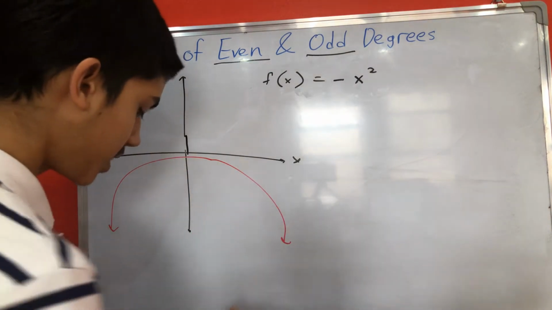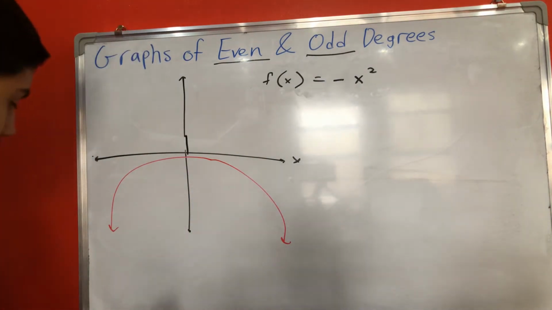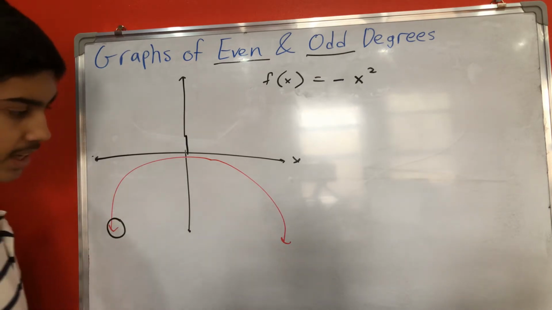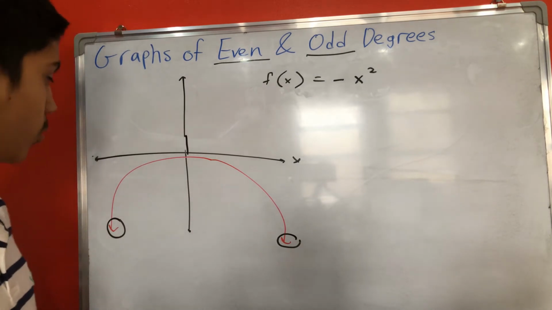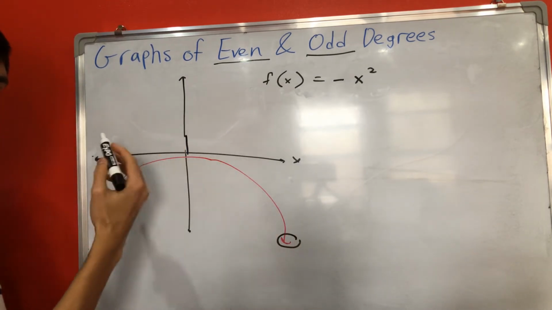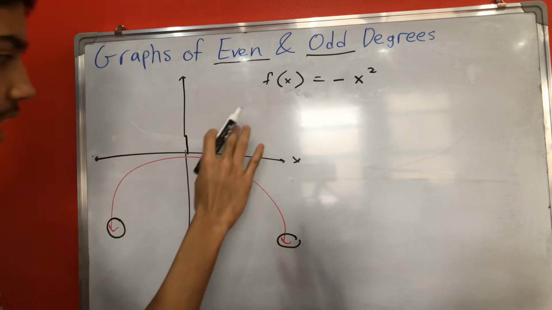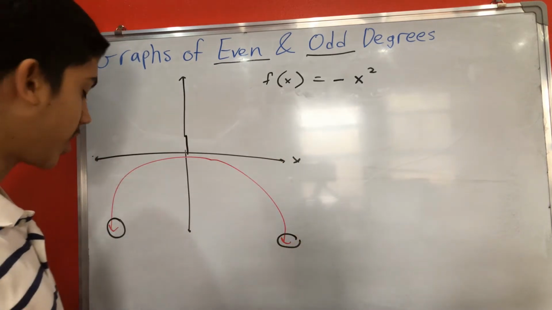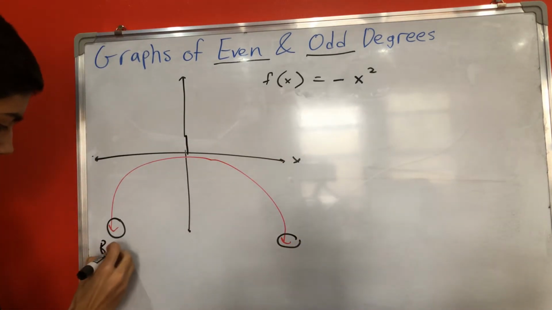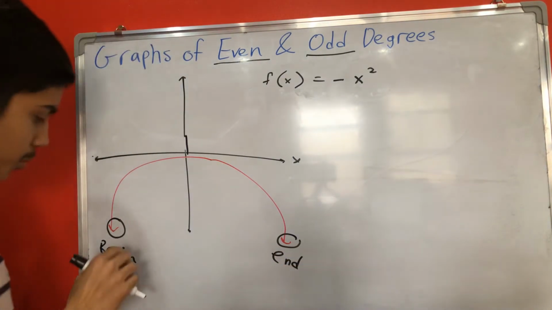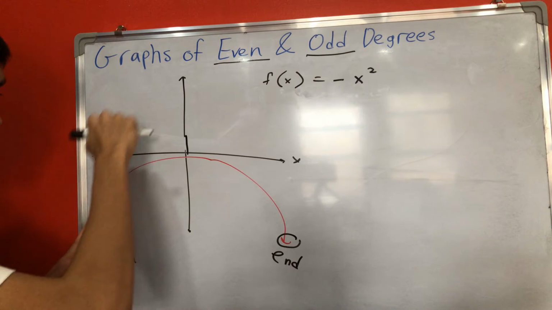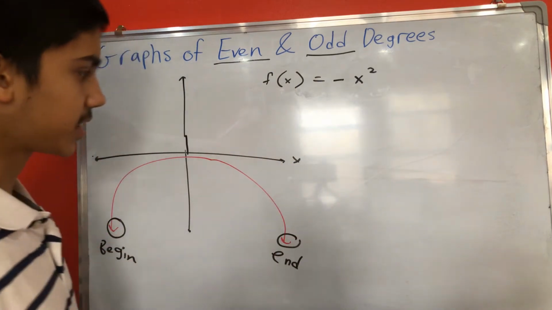And it's going to begin below the x-axis, and it's going to end below the x-axis. And when I say begin and end, we always begin from the most left part of the graph, and we always end at the most right part of the graph. So here's the begin, and here's the end. So we began below the x-axis, and we ended below the x-axis, okay?